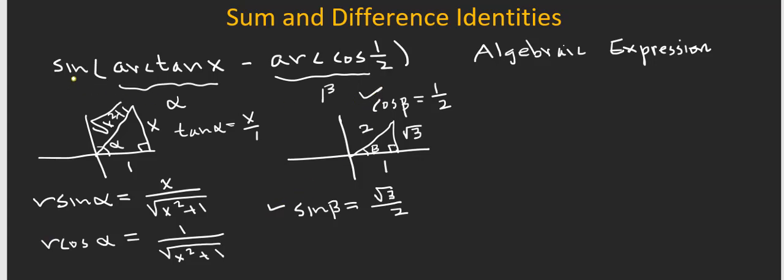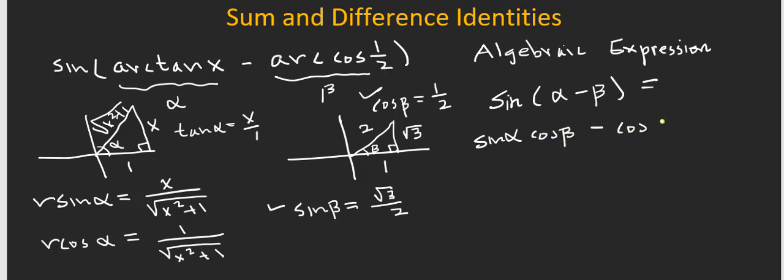Because when we work with sine of the quantity alpha minus beta, what is the formula for that? That is sine alpha cosine beta minus cosine alpha sine beta. That's why we needed this information to evaluate sine of the quantity alpha minus beta. What is sine alpha? It's right here.